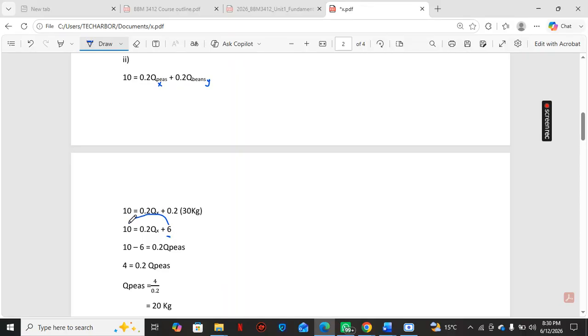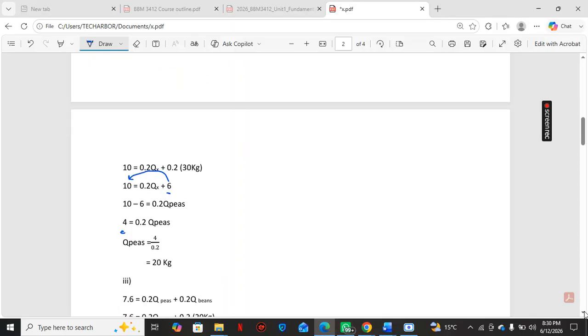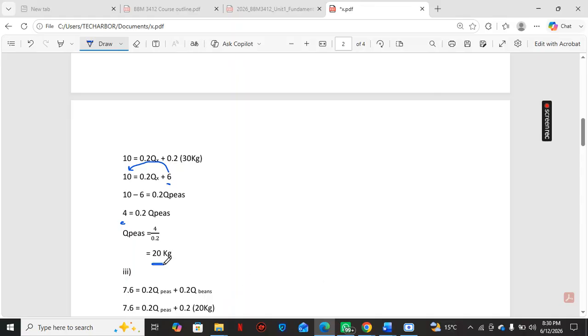We group like terms together, so 10 minus 6 gives us 4. We want the quantity of peas, so we divide both sides by 0.2. 4 divided by 0.2, we get 20 kg of peas.